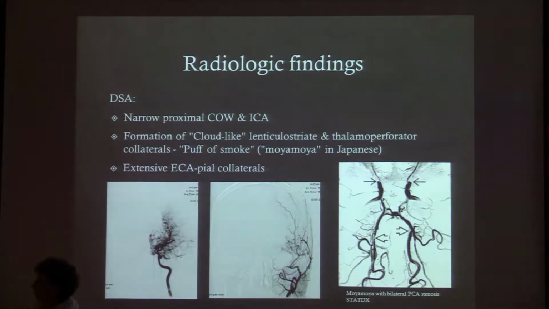In the middle, you can see DSA with injection through the external carotid artery, in which you can see prominent external carotid artery vessels. And on the right side you could also see the less common case in which the posterior cerebral circulation is affected, with PCA stenosis.